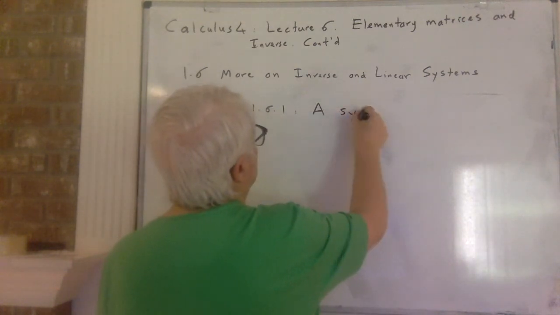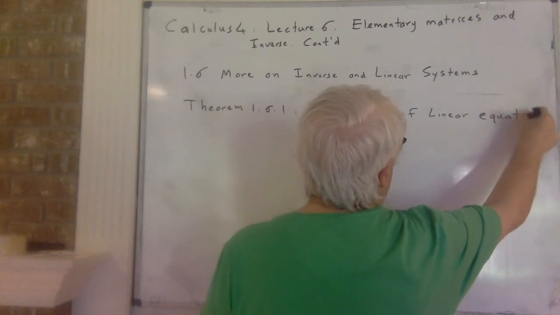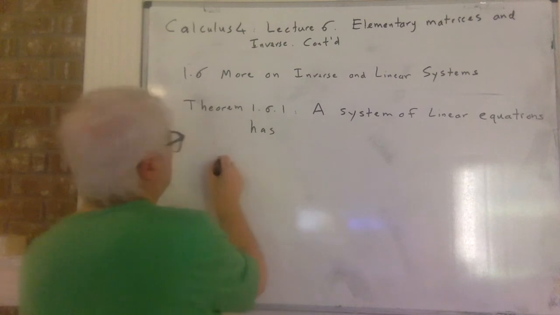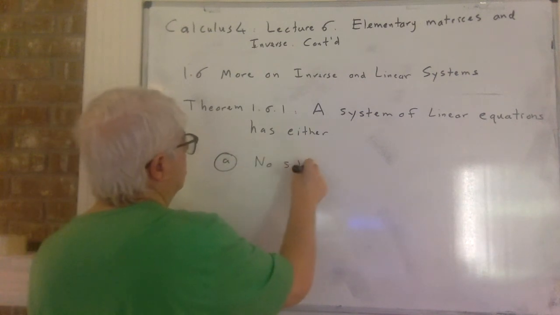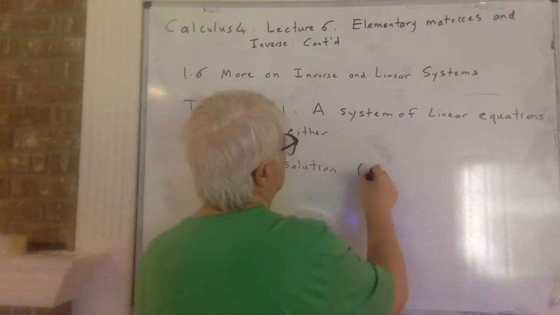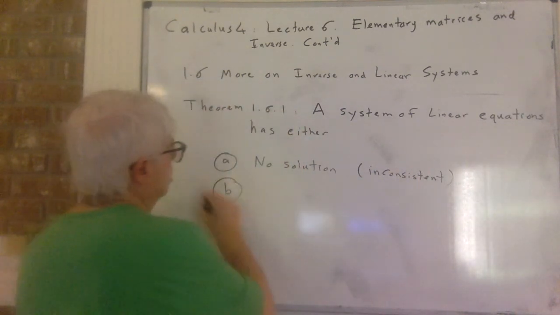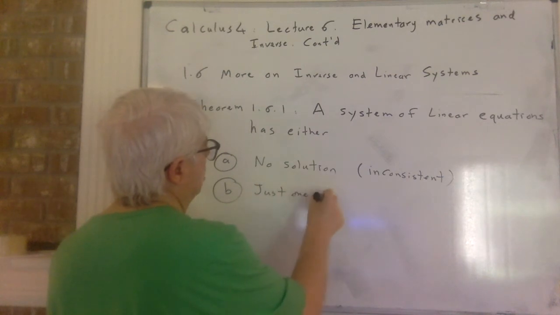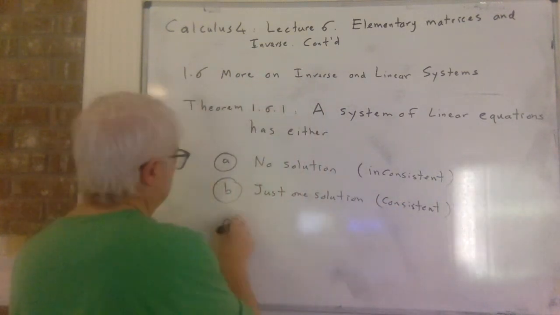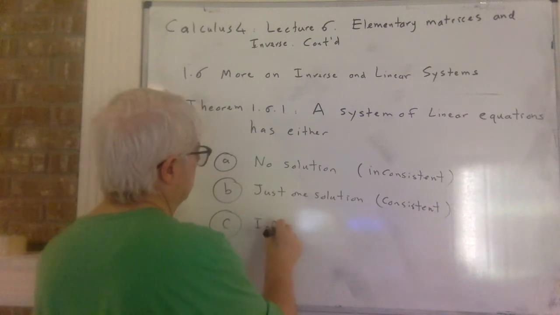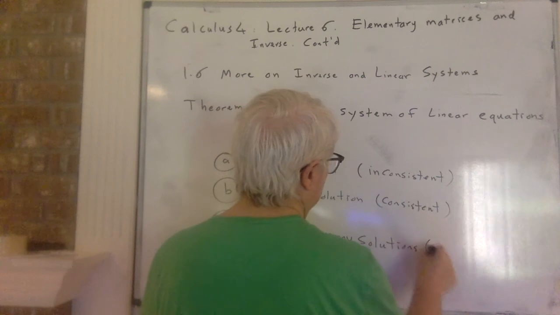A system of linear equations has either A, no solution, which we sometimes say inconsistent, B, just one solution, and C, infinitely many solutions, still consistent.